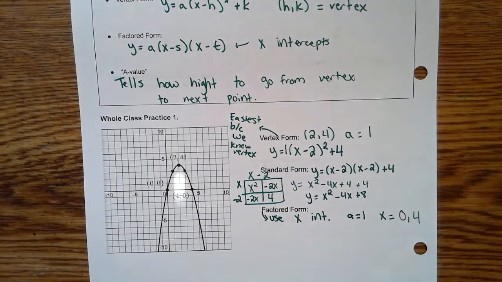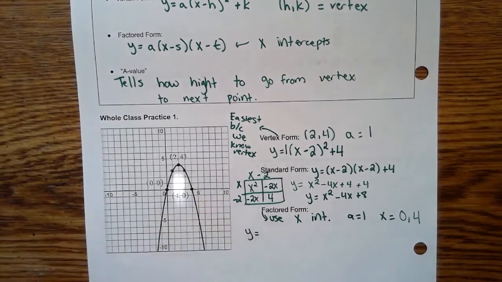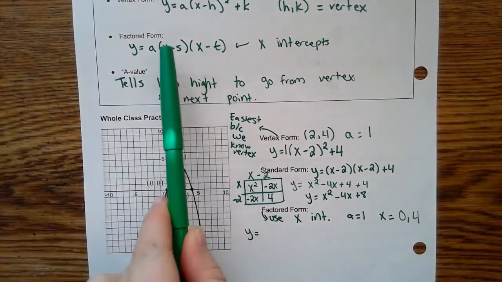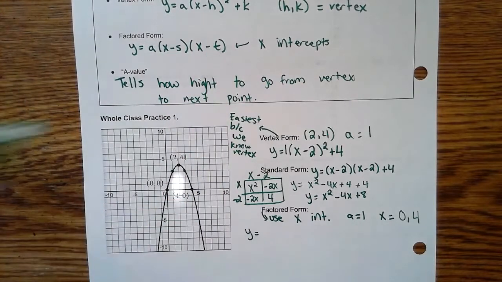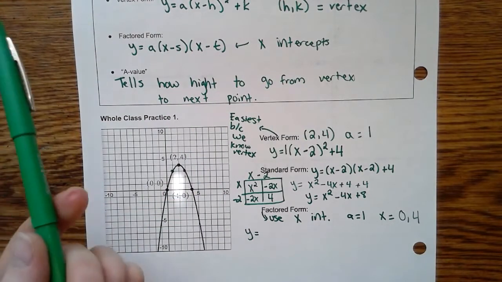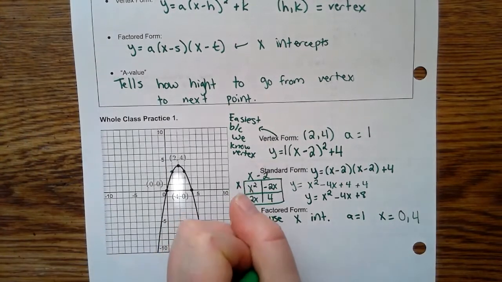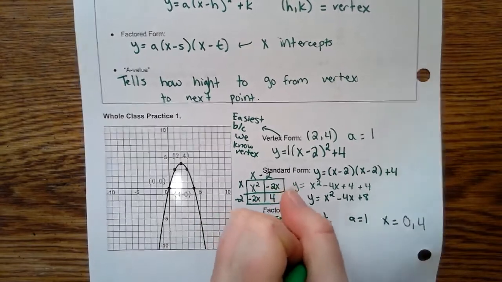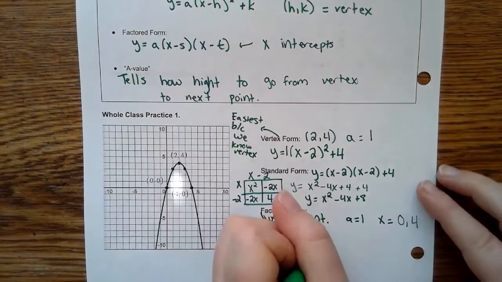In factored form, you have to remember to go opposite. So far we have y equals, and I know to go opposite because it says minus. Anytime you're in an equation and there's a minus sign in there, it means use the opposite sign. So right now we have y equals 1, because that's a, x minus 0, x. Well, I have a positive 4, but I'm going to plug it in as a negative 4.